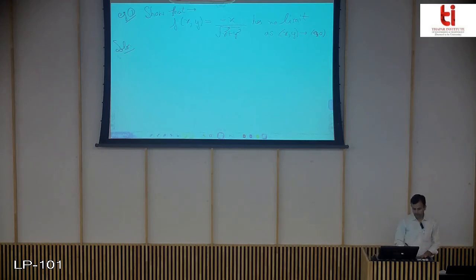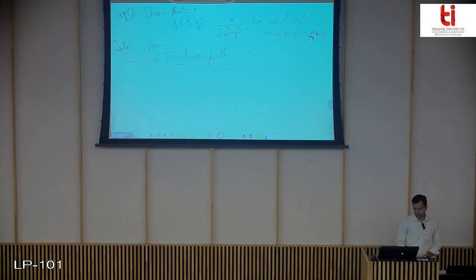So the main thing here is to choose the path. How to choose the path? We were always saying that from every path the limit should be the same. So how to choose a path so that we can approach the point (0, 0).